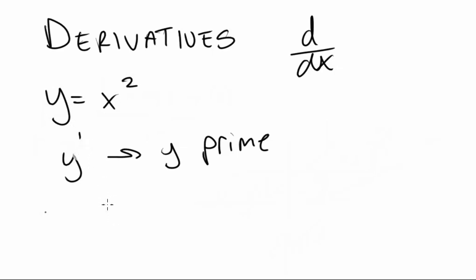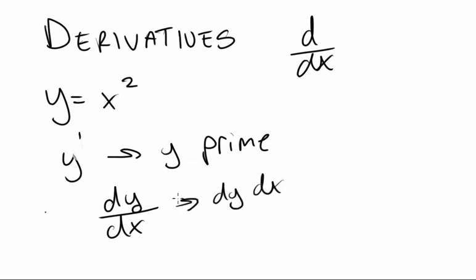Another example would be dy over dx. Now the d is always going to be there, but the y and the x just depend on what variables you have in your function. So here we have y and x. So this can be read as dy dx. You don't have to say the over.